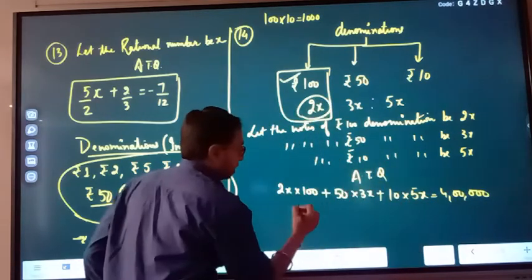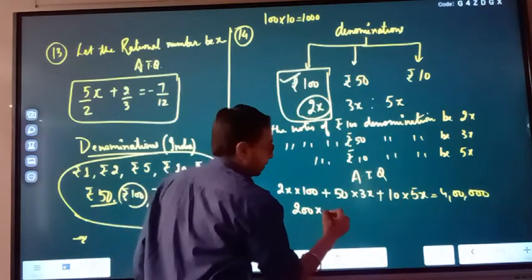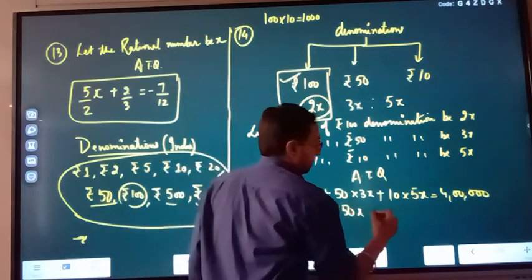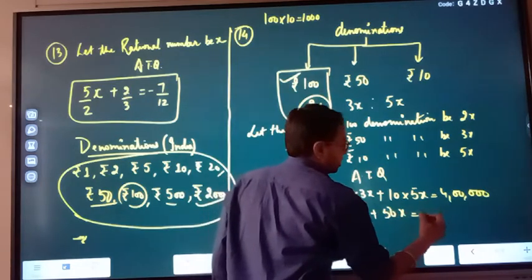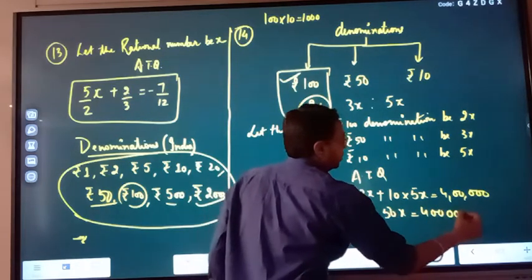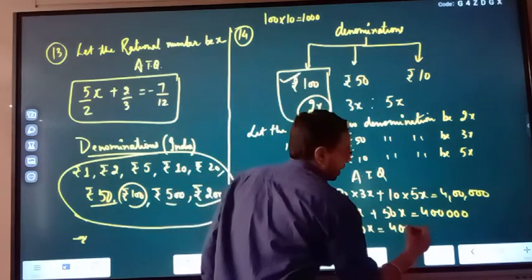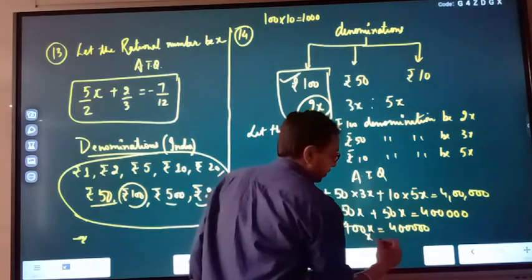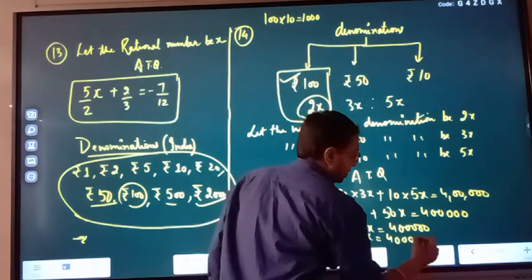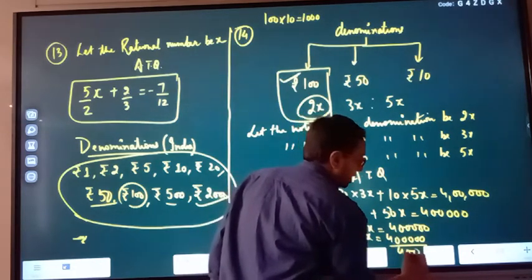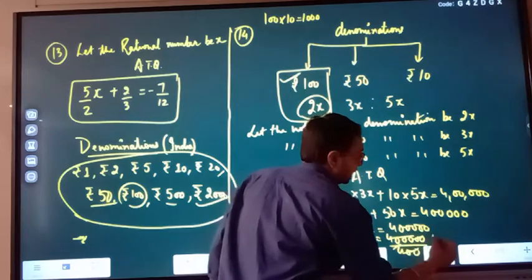Therefore 200x plus 150x plus 50x is equal to 4 lakh rupees. So you get 400x is equal to 4 lakh. Solving 4 lakh by 400, zeros cancel, you get x equal to 1000.